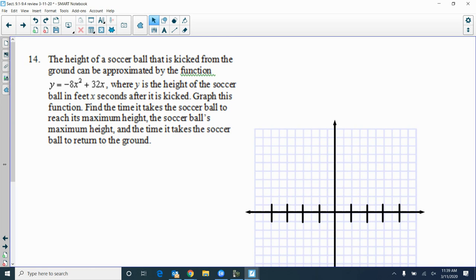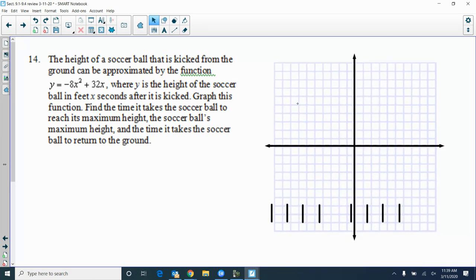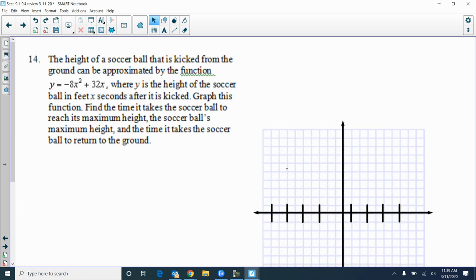Have your practice test handy. We're going to do number 14. You don't have to graph it, but sometimes it helps. If I don't graph it, or even in general, what do I need to do?